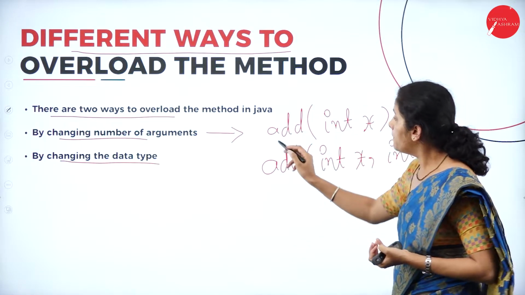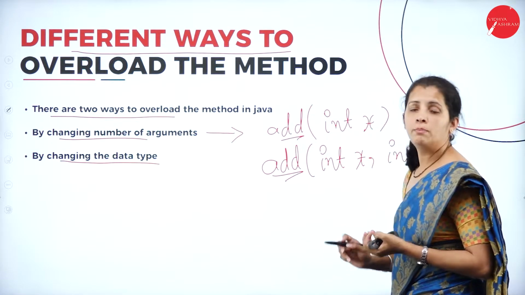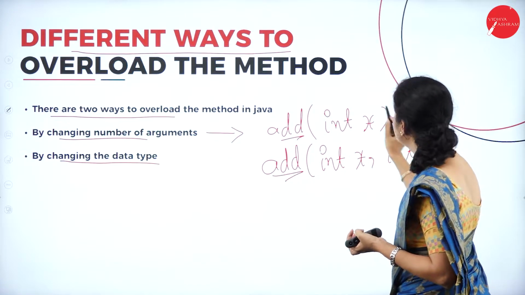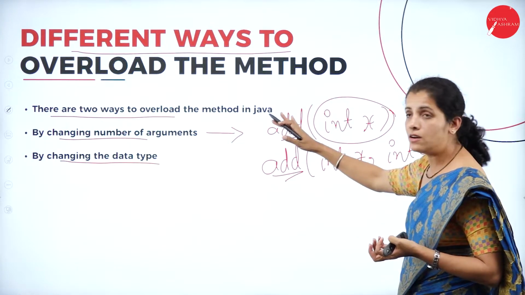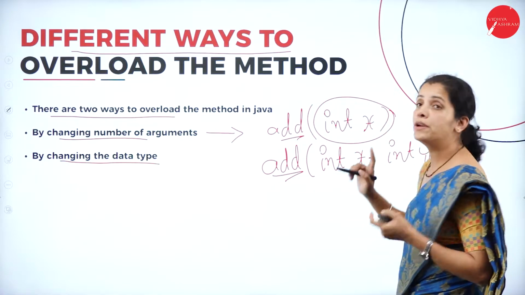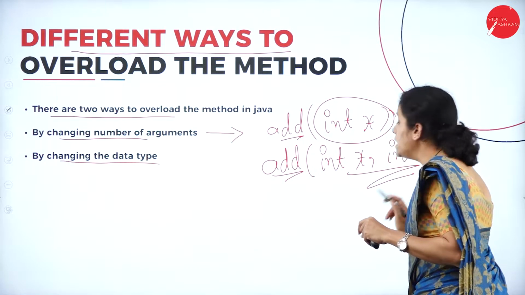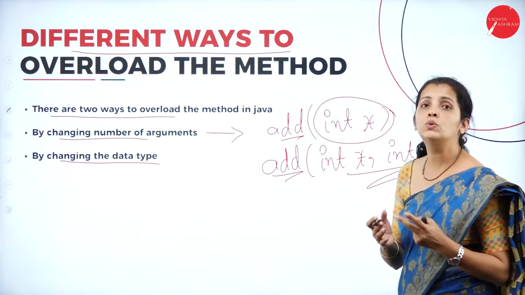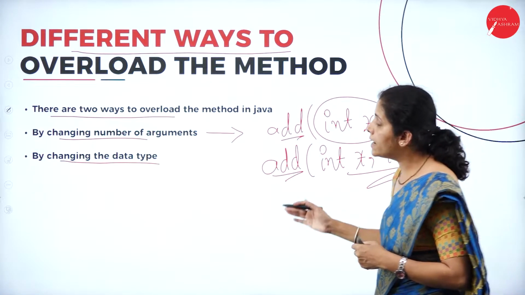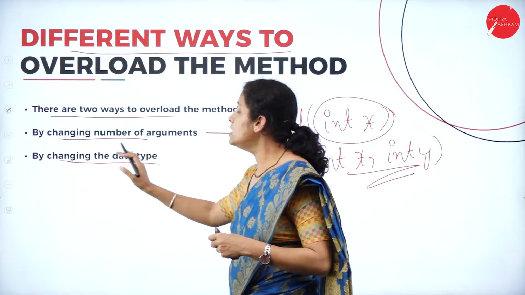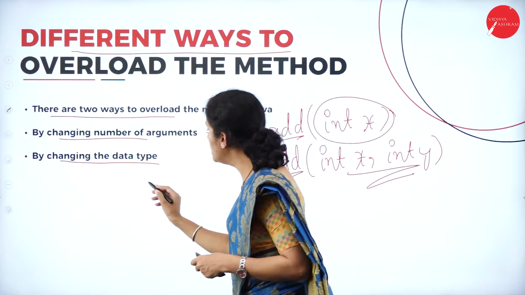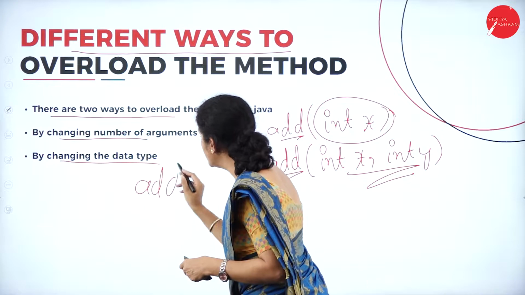See here, method names are the same, but what is different? That is the parameter. The first method has only one parameter, and the second method has two parameters.